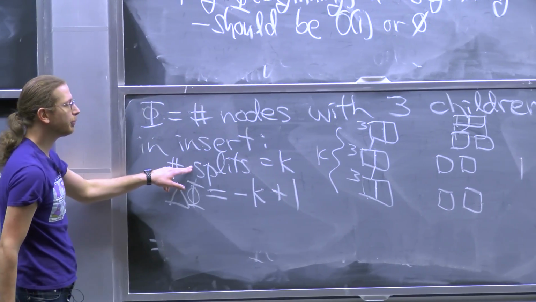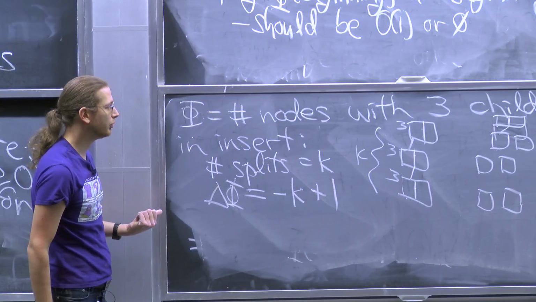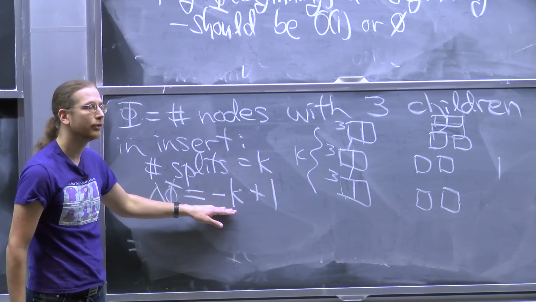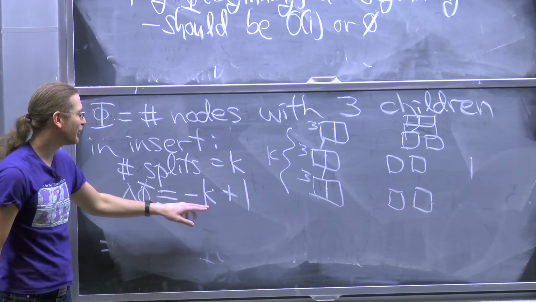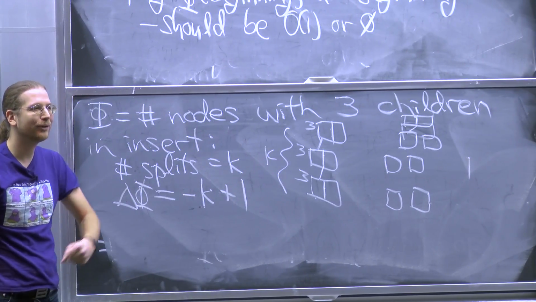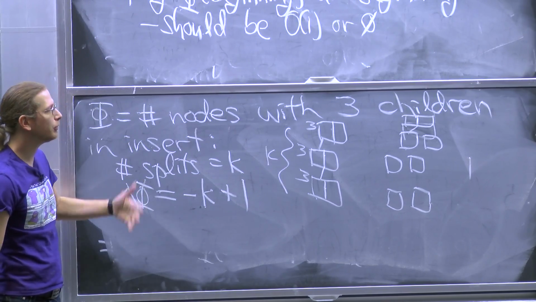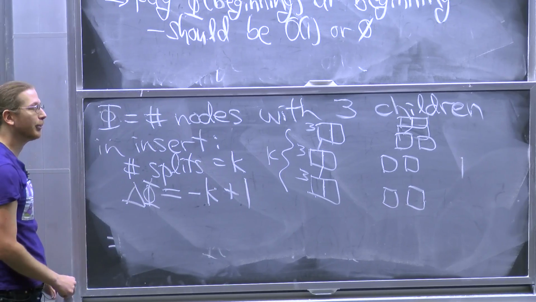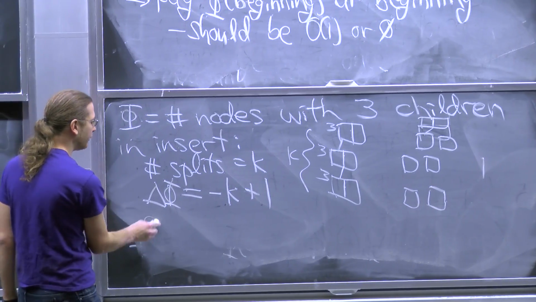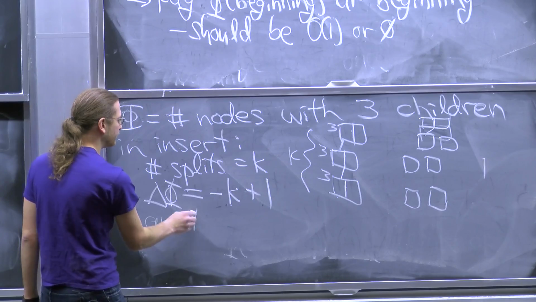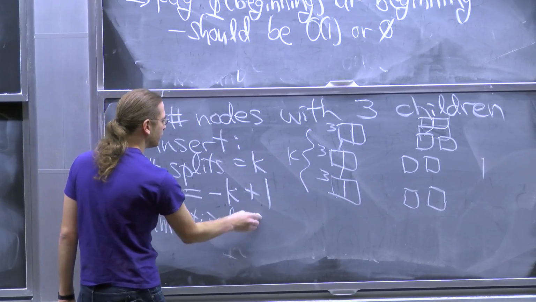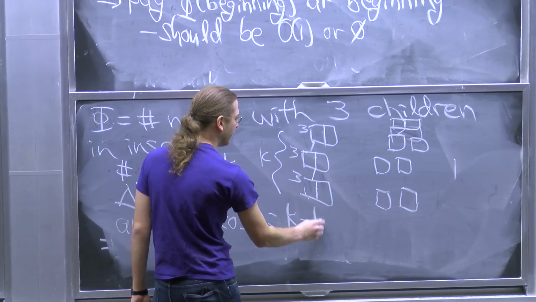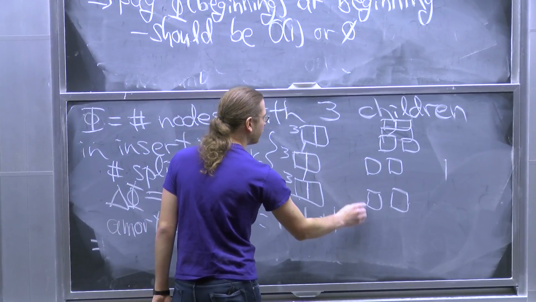Because for every split, there was a 3 node that became 2 nodes. So the potential went down by 1, because you used to have one 3 node, then you had 0. At the very end, you might create one 3 node. That's the plus 1. Okay? And so the amortized cost is just the sum of these two things, and we get 1. It's k minus k plus 1, which is 1.